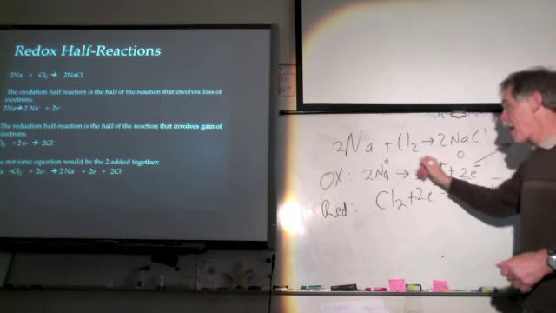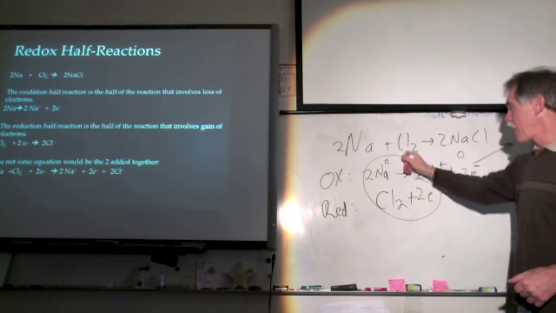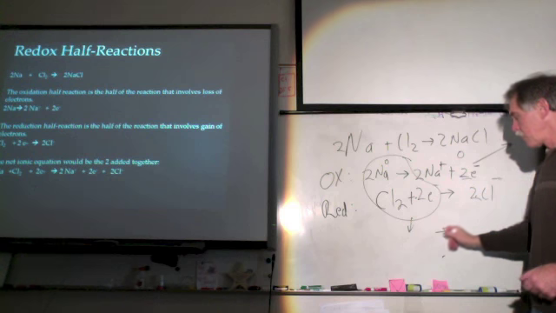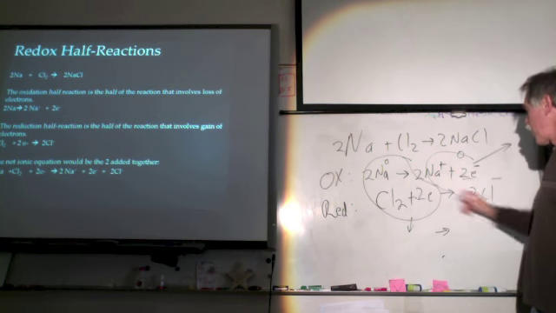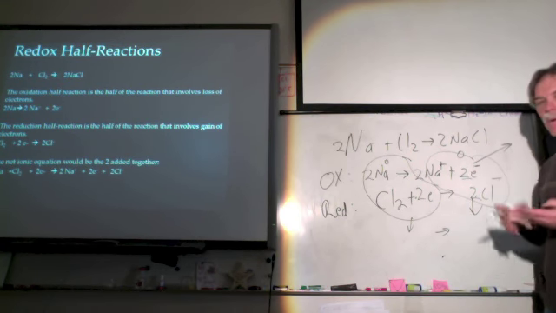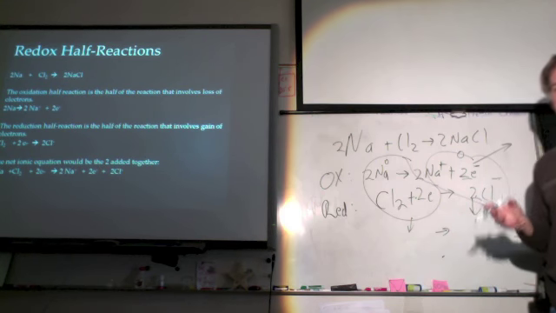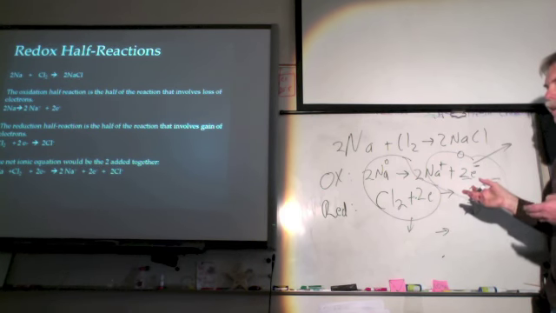We take the half reactions, everything on the left drops down to the left side of the arrow, and everything on the right goes to the right. And when we do that, that gives us the net ionic equation.